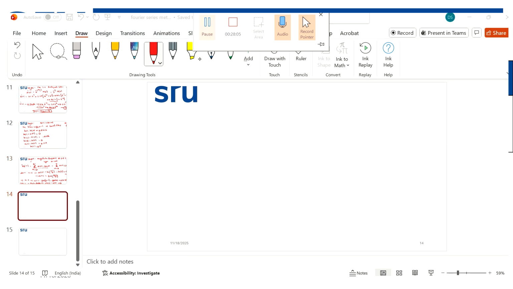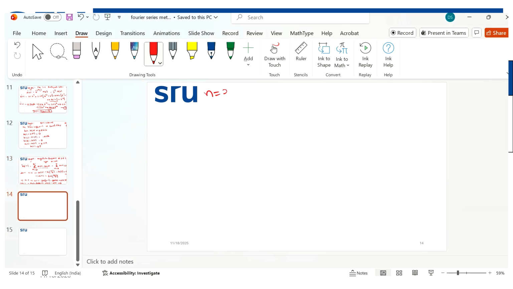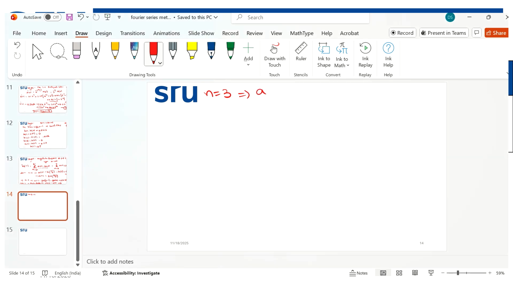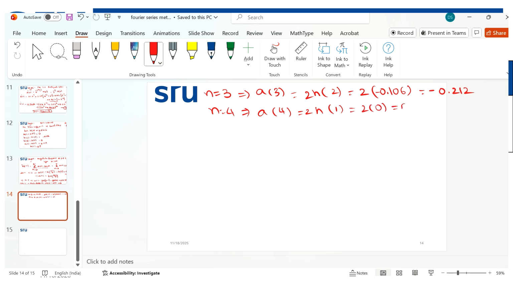Now substitute n is equal to 3. a of 3 is equal to 2 into h of 2. The h of 2 value is minus 0.106, so that is equal to minus 0.212. n is equal to 4, a of 4 is equal to 2 into h of 5 minus 4, that is h of 1, equal to 2 into 0, that is 0.